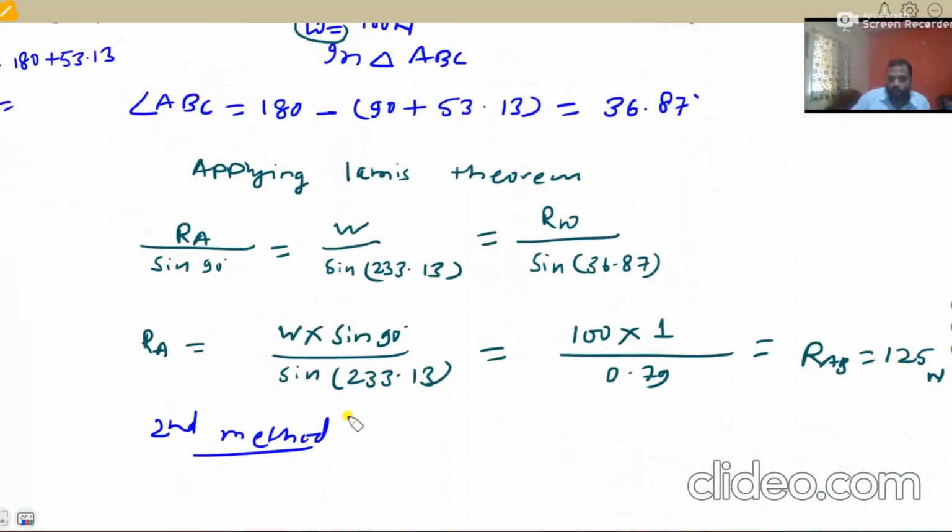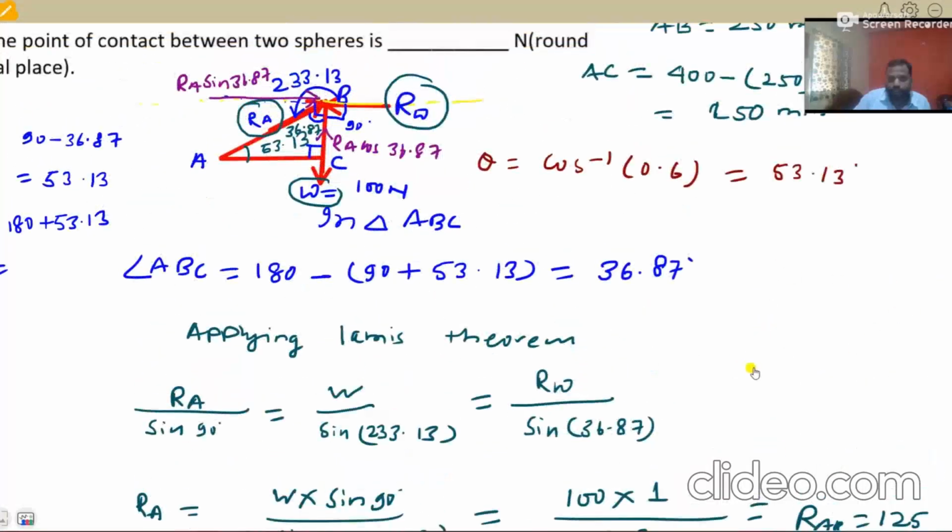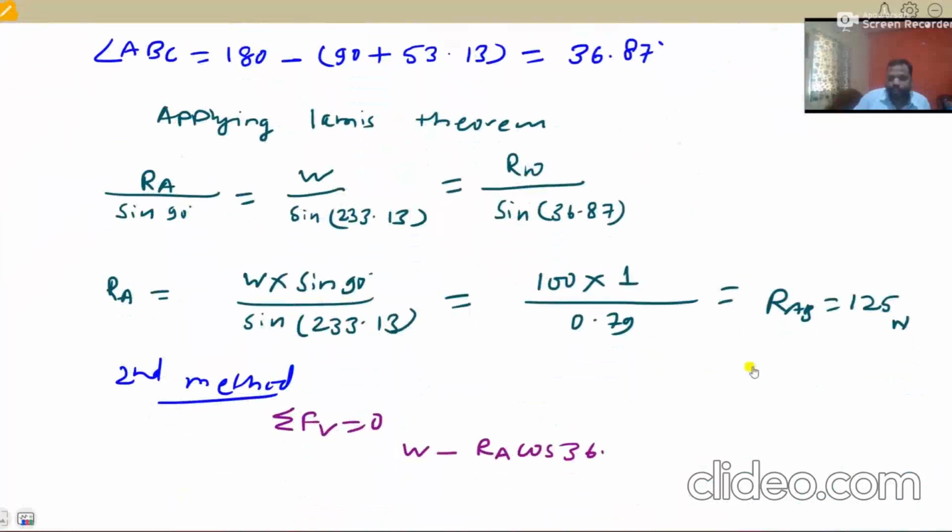The summation of all vertical forces will be 0. Now weight minus RA cos 36.87 is equal to 0.